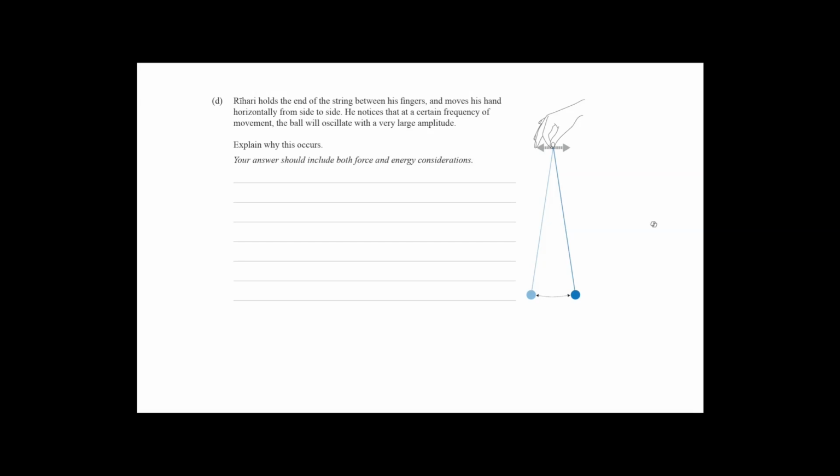You should include both force and energy. Okay, so let's do force first. So he's imparting a forced oscillation into the system. Okay, so it's often called a driven oscillation.